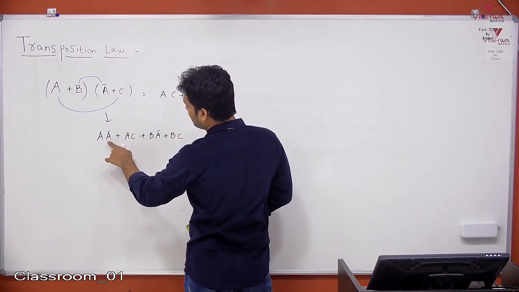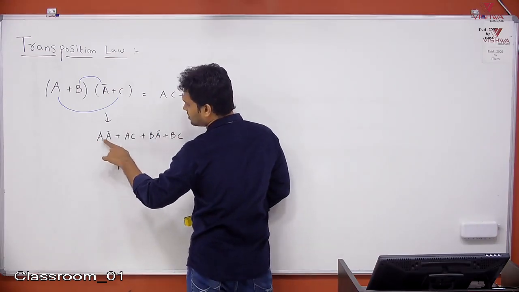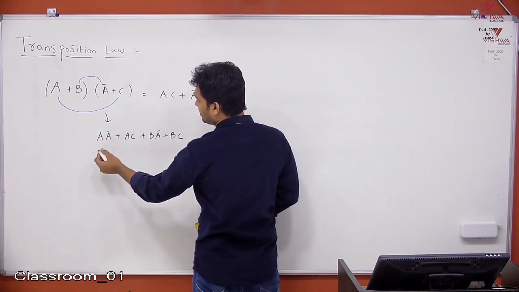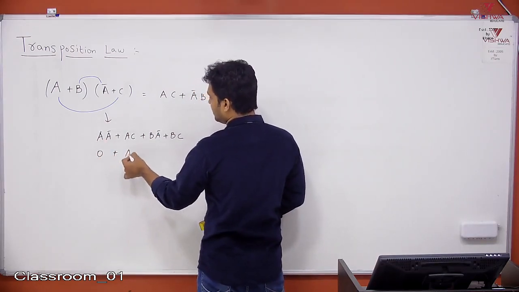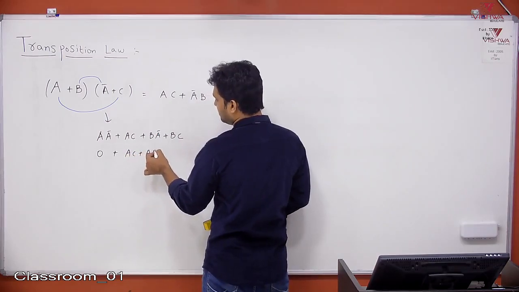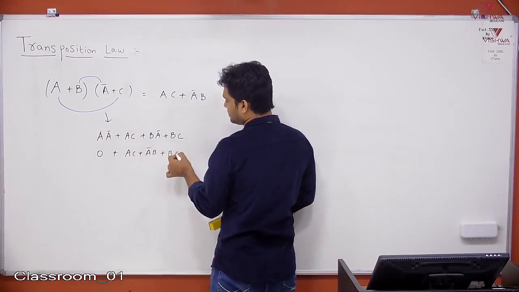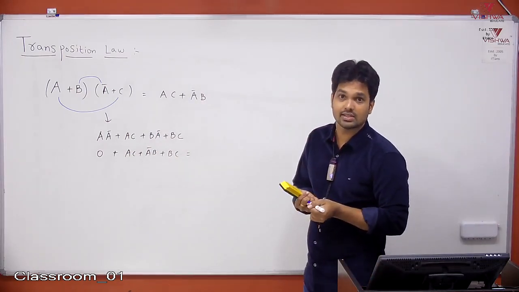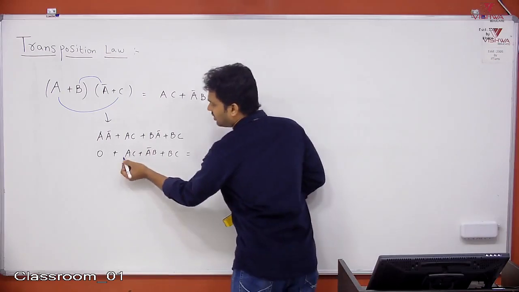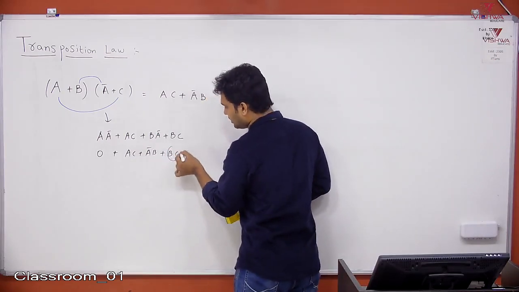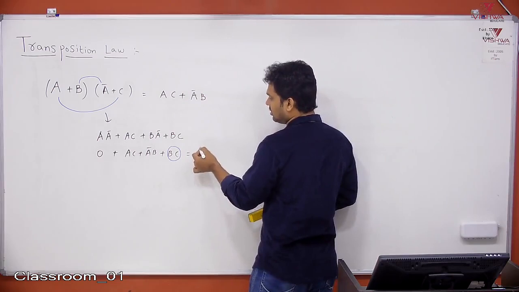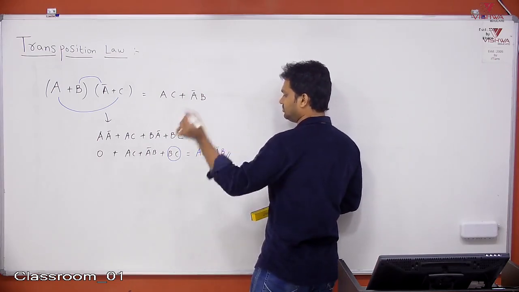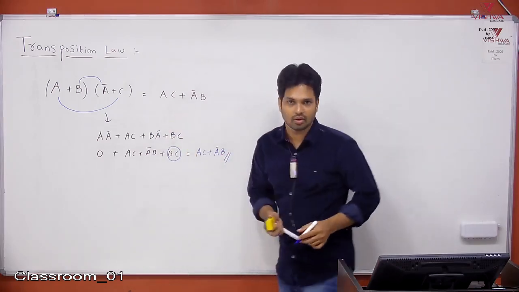A into A bar, A is 1, A bar is 0, A is 0, A bar is 1, or you can say X into X bar or A into A bar is always 0 plus AC plus A bar into B plus BC. What is this? Already we just now discussed consensus law. Variable and its complement, the remaining product. What is the answer? AC plus A bar B, which is same as this or not.